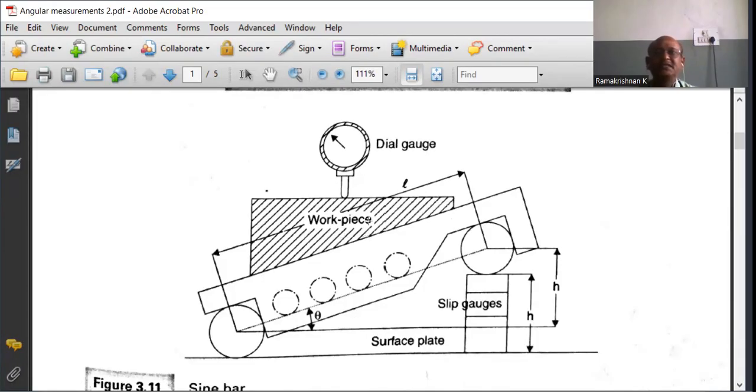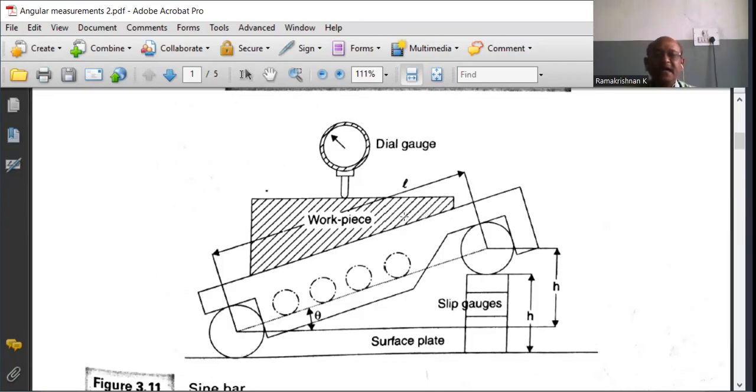But the condition is that the tapered surface for which the angle is to be measured should face outwards, that is upwards. Here, one end roller is just touching the surface plate.